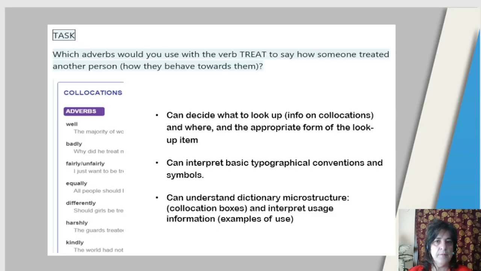Another example is this one. Students are asked which adverbs would you use with the verb treat to say how someone treated another person.